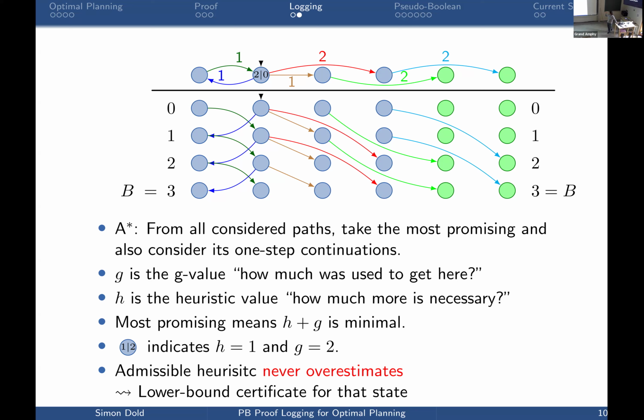Since we need this promise that it never overestimates, we require from it also a lower bound certificate for this particular state. So it tells us the number 2, but we don't believe it without the proof.